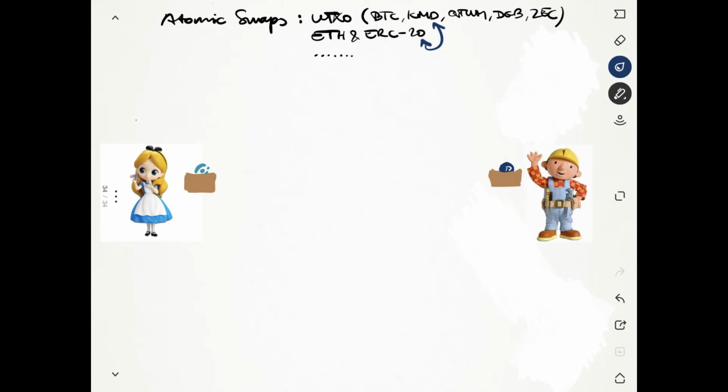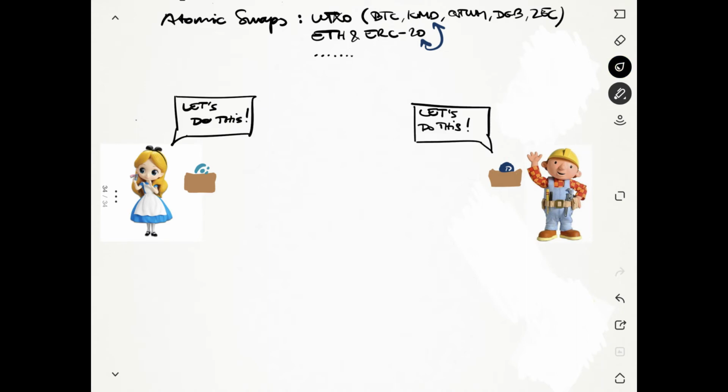So first, Alice and Bob, they agree that they will exchange KMD for DGB at a certain rate. They also agree on a secret hash that will be used to unlock the funds and a time frame for the swap. The next step is Bob sends this DGB to the wallet of Alice, but these funds are locked.